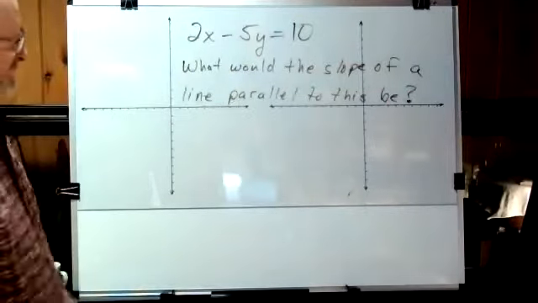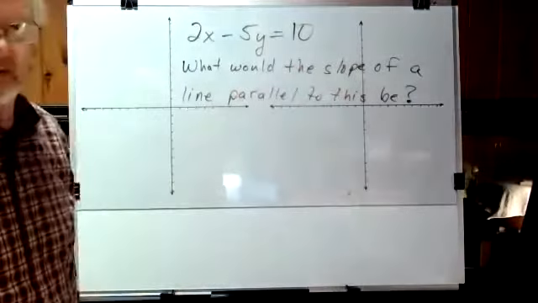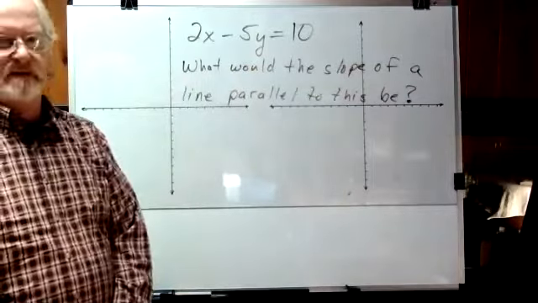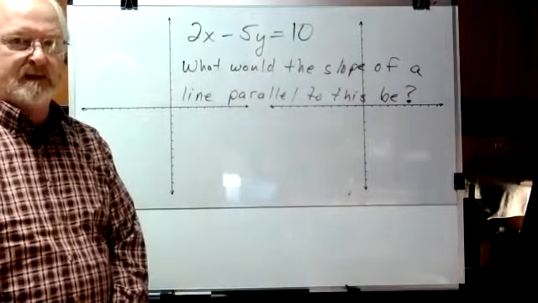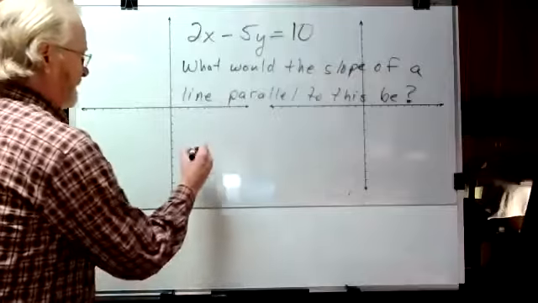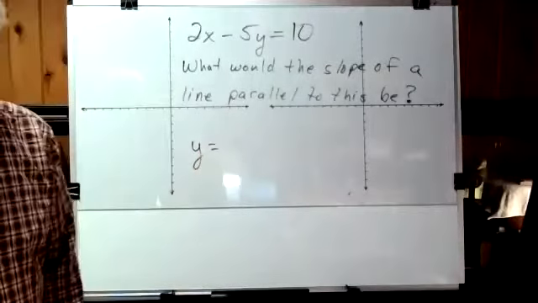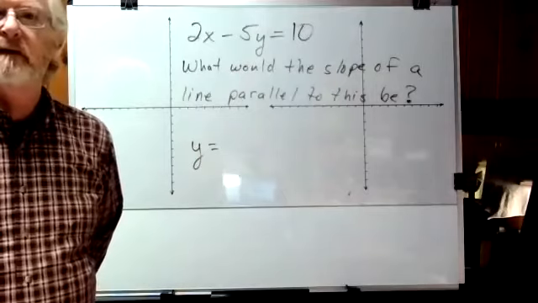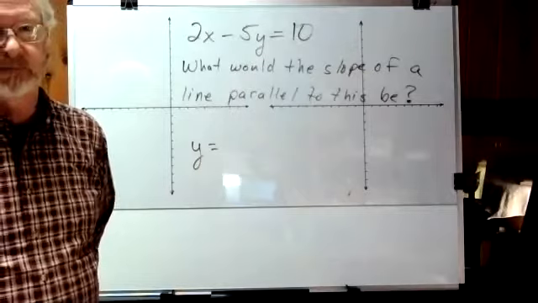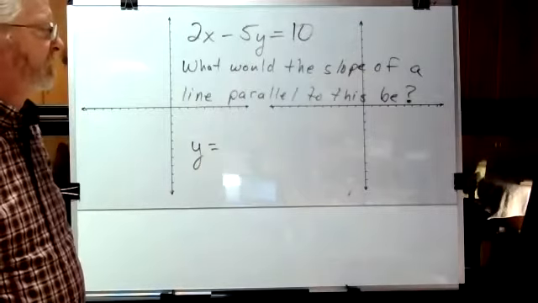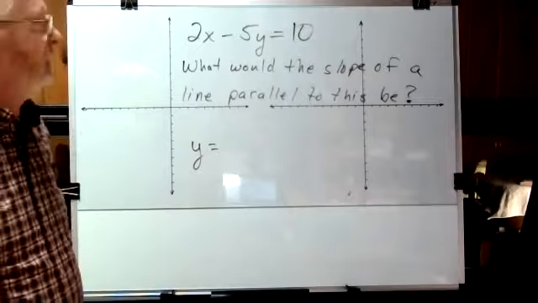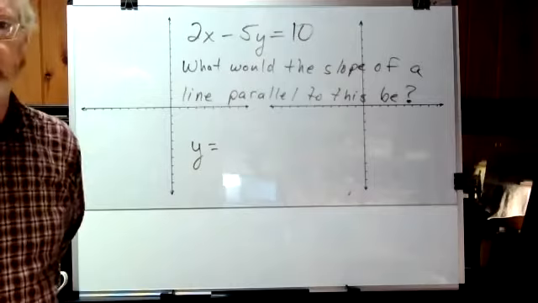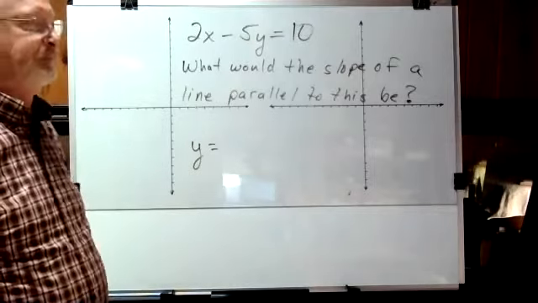The next one, I'm going to cross out parallel and put in perpendicular. The point of this one is, I'm not sure what the slope is just by looking at it yet. I think you've got to rearrange it so it's in slope-intercept form, so you can figure out what slope I have to refer to. So I'm encouraging you to do that right now. Rearrange this equation. Put it in mx plus b shape so you can see the m slope value.